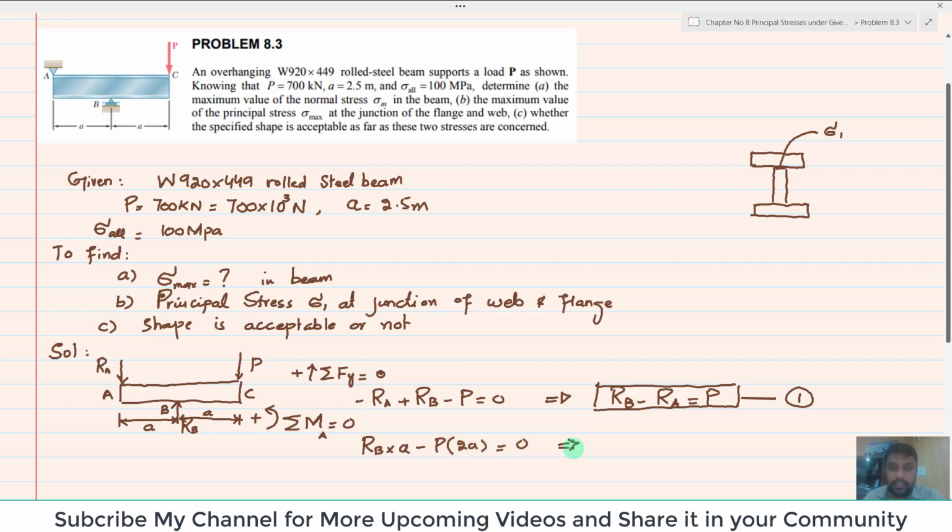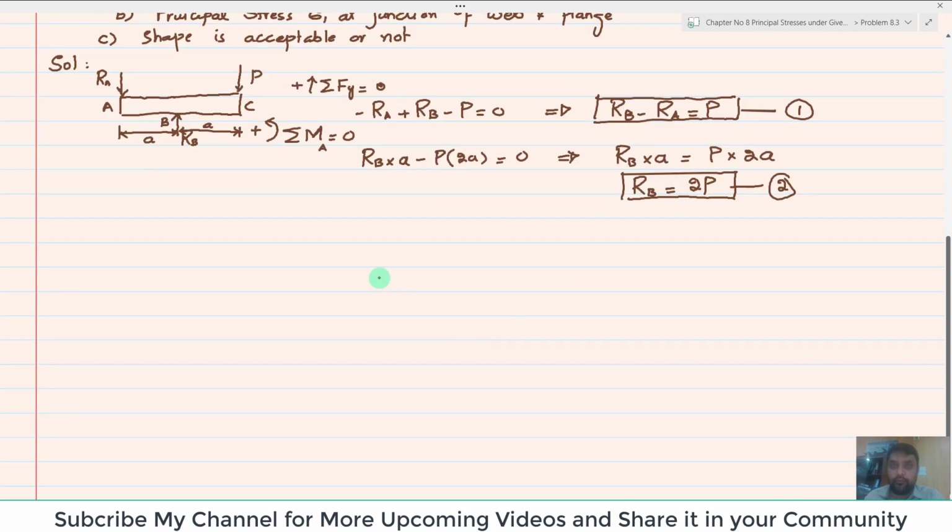It means that RB into A is equal to P into 2A. Again, A will cancel, so RB will be equal to 2 times P. This is equation 2.